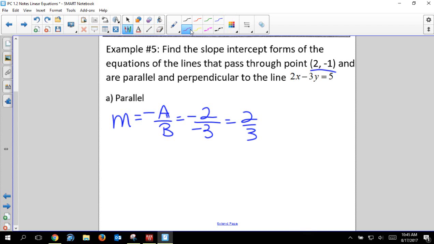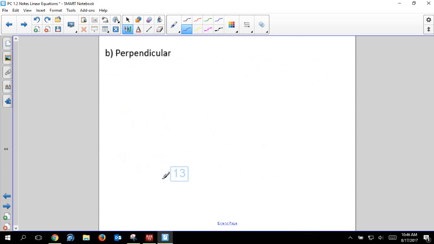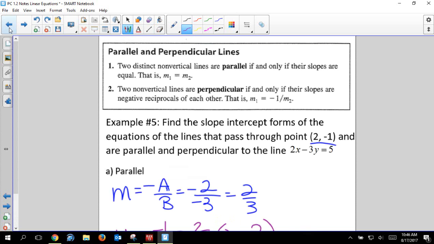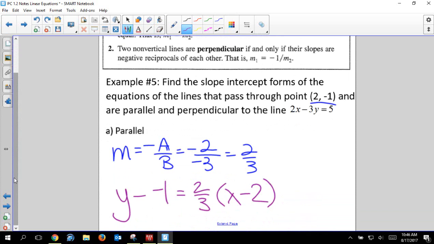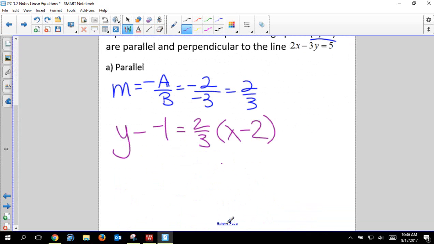That's the first step. Then we're going to do point-slope form, like we did on the other ones. So y minus, my y is -1, equals my slope 2/3, times x minus 2. Then we're going to put it into slope-intercept form, so distribute.